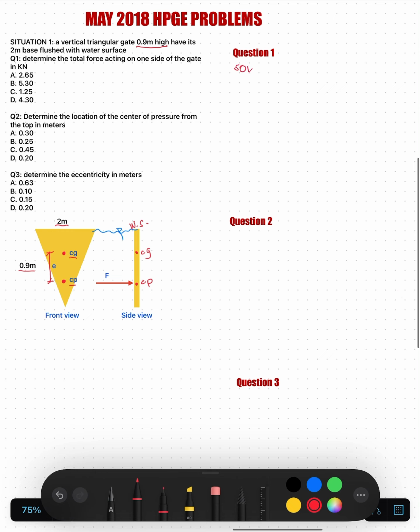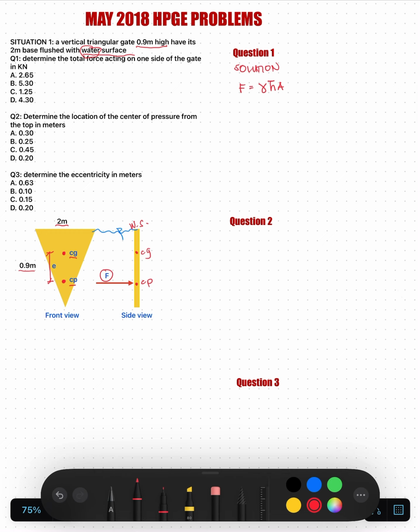So for question number 1, our solution, the hydrostatic force F has a formula of unit weight times barred h times the area. Now, the unit weight, we will consider water as our fluid since it is stated in the problem.